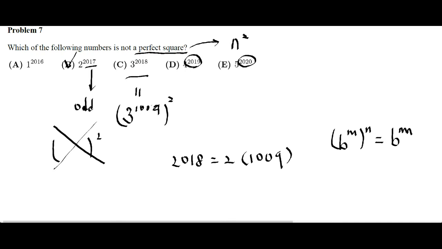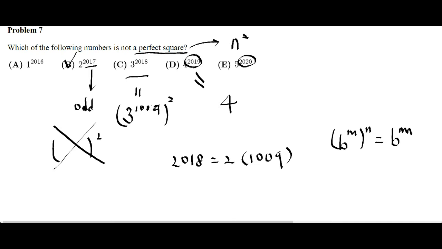What about D? Okay, I just rewrite this. So see, 3 to the 2018 means 3 to the 1009 and then squared. How about this one? This is 4 to the 2019, an odd number. But the 4 is 2 squared. You know that?